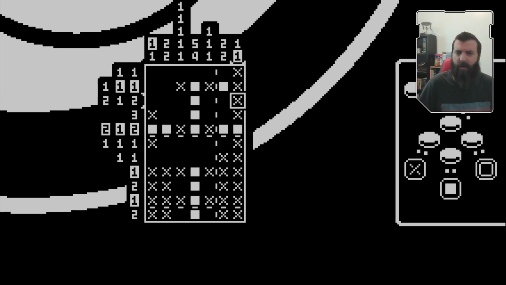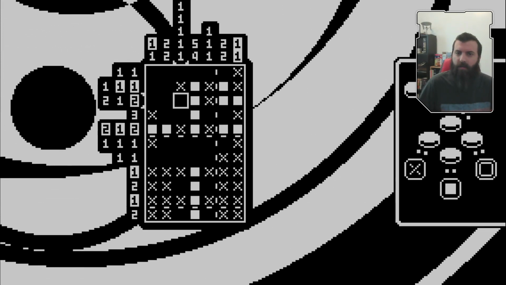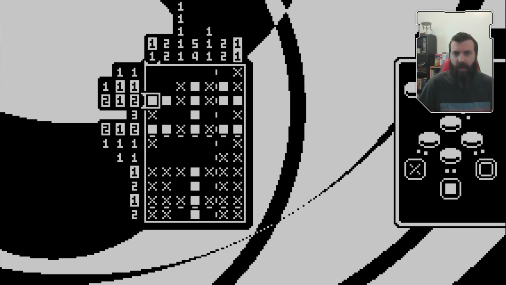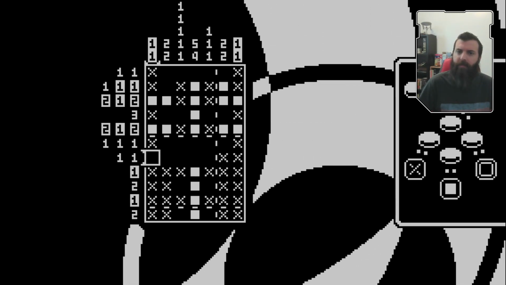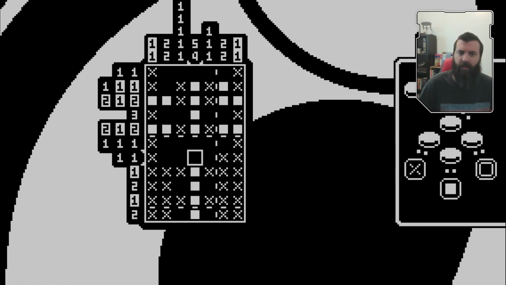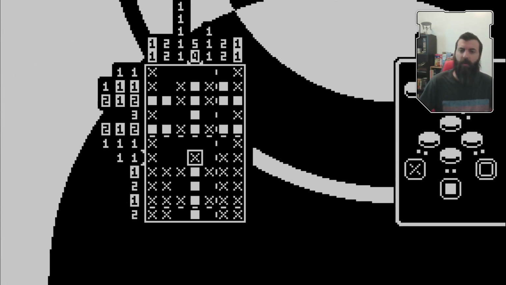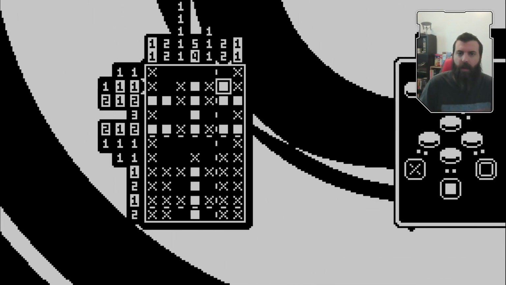Got 2 ones. What I'm thinking. But they 2 1. Go ahead and close out this vertical 4. This 2.